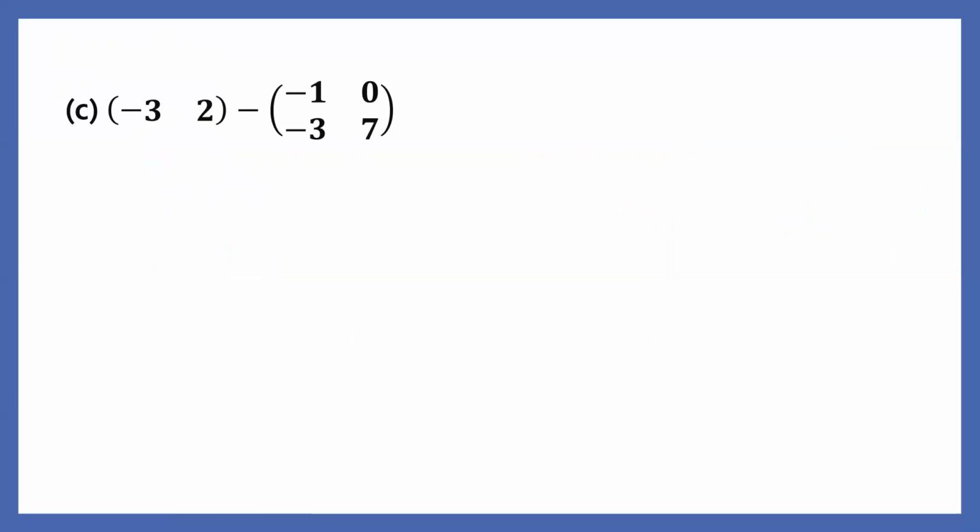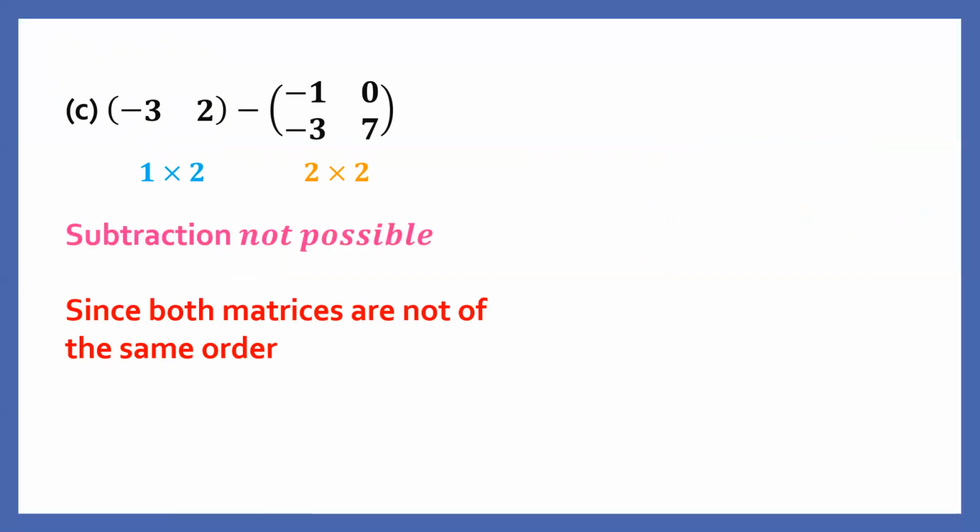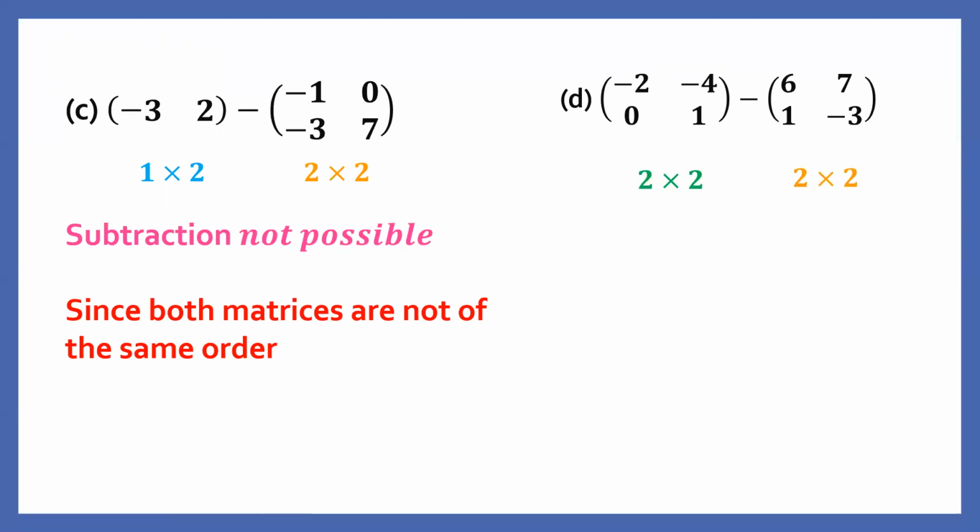Part C, we check the order first. We have a 1 by 2 and a 2 by 2. So here you can see we do not have the same order. Therefore, the subtraction will not be possible because the two matrices are not of the same order. For D, so here we have a 2 by 2, 2 by 2, therefore we can subtract.